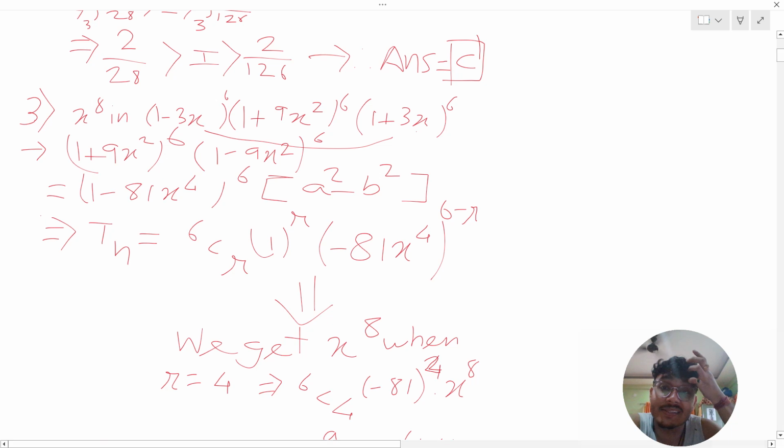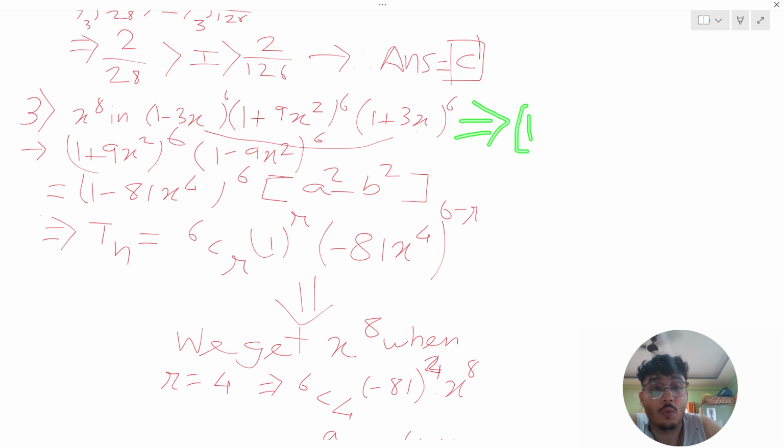So 1 minus 3x or 1 plus 3x, does this ring a bell? It's (a minus b) into (a plus b). My powers are the same, so I can take the power to be common. So (1 minus 3x) into (1 plus 3x) whole to the power 6. Now this remains inside the bracket.